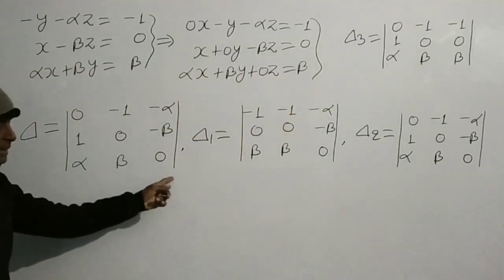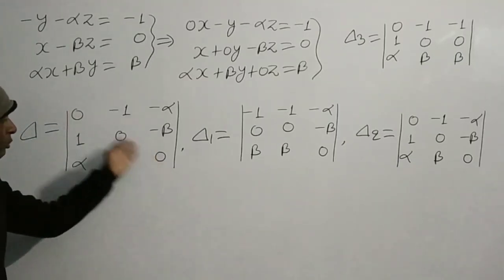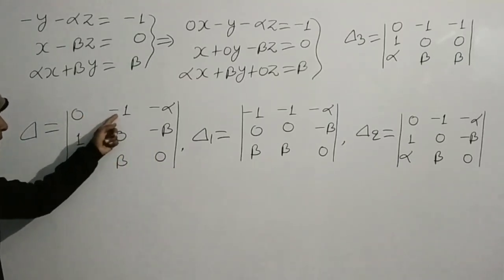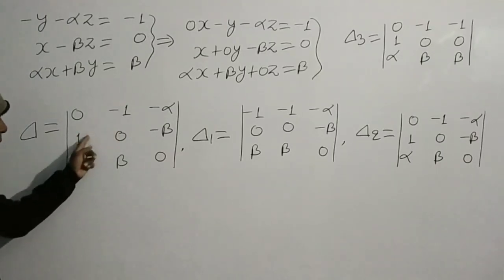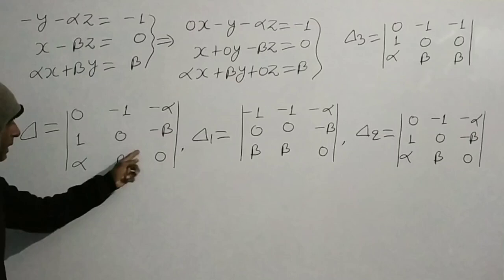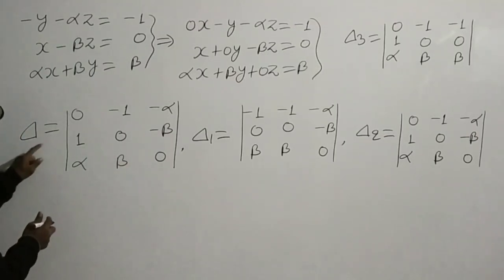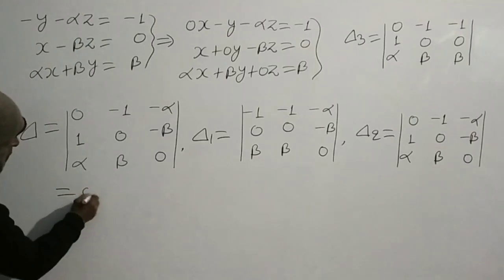Since this is skew symmetric, the principal diagonal elements are 0, and elements equidistant from the principal diagonal are equal in magnitude but opposite in sign. Therefore the value of this determinant will be 0.